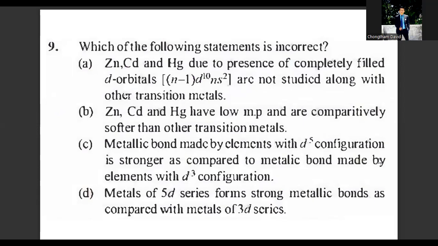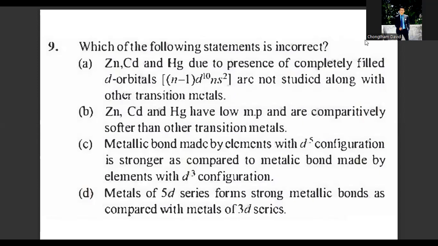Zinc, cadmium, and mercury have low melting points and are comparatively softer than other transition metals. Metallic bond made by elements with d5 configuration is stronger as compared to metallic bond made by elements with d3 configuration. Metals of the 5d series form strong metallic bonds as compared with metals of the 3d series.